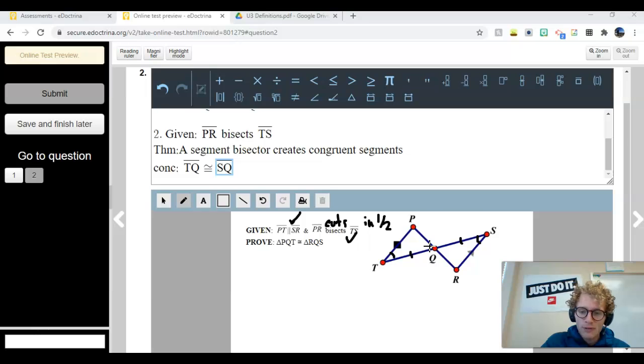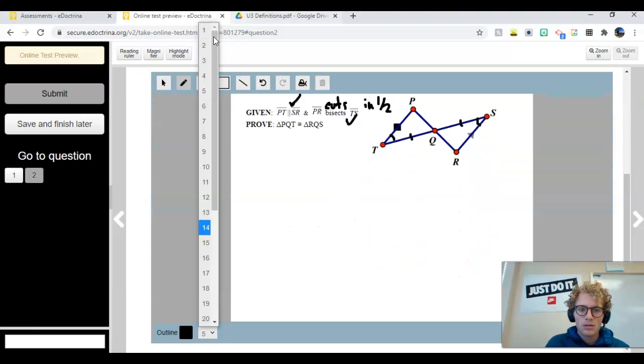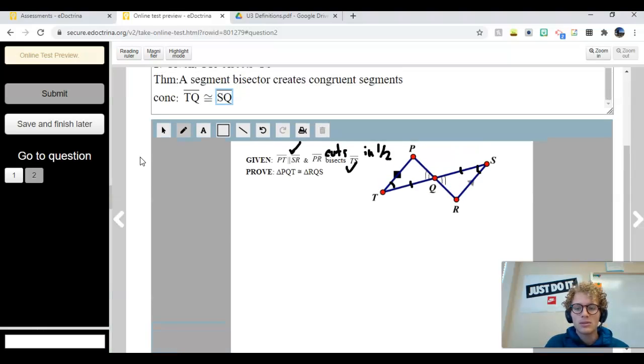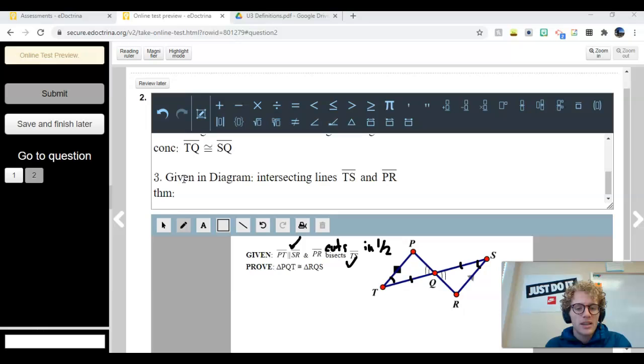So, if we're looking right here, and remembering back to Unit 1, these two angles right here and right here are vertical angles. And they're given to us right in the diagram. So I'm going to show you what to write. You would write "given in diagram, intersecting lines TS and PR."